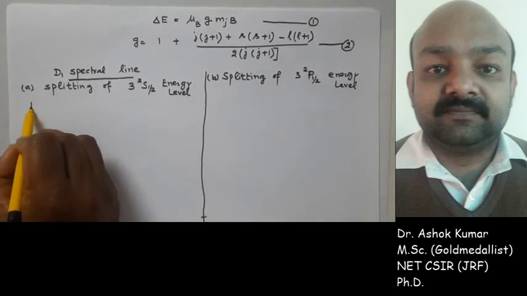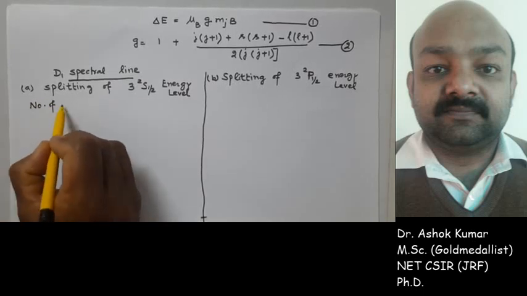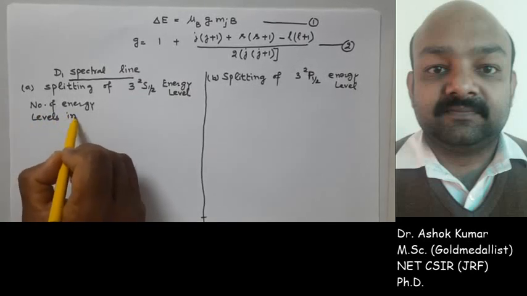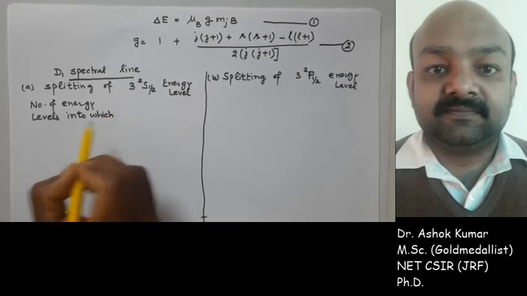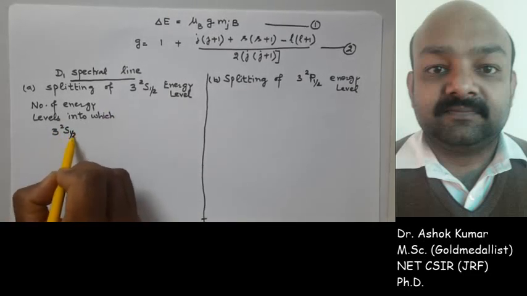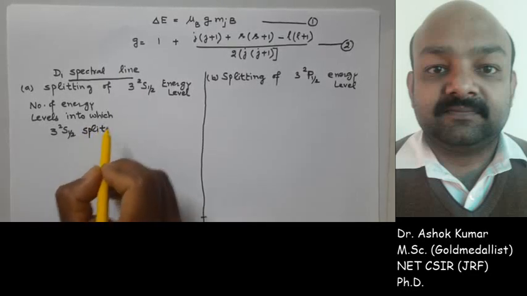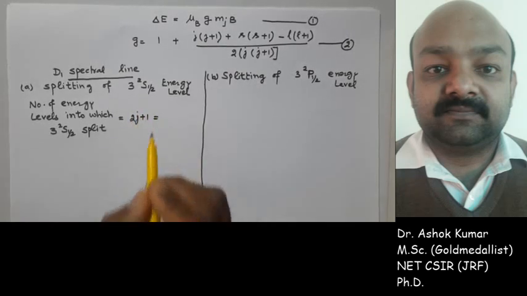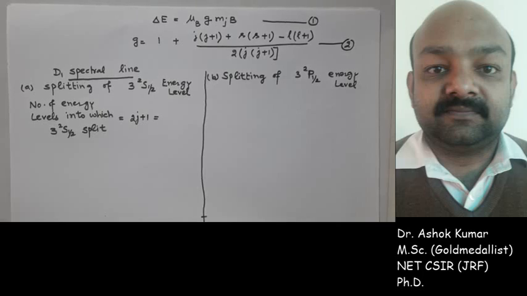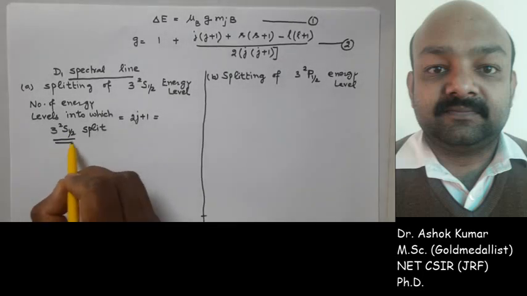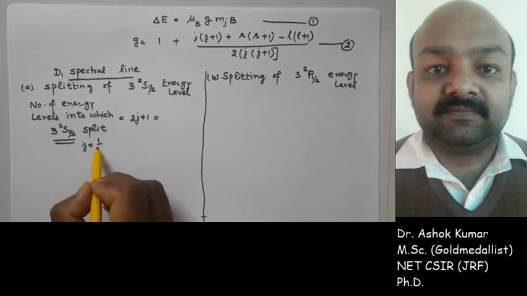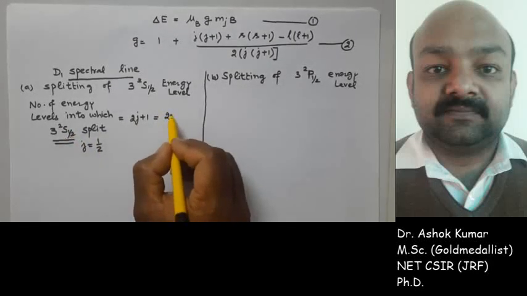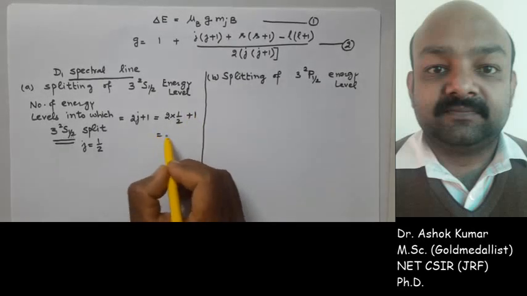So the number of energy levels into which 3s 2S1/2 splits will be given by 2J plus 1, and as I just explained, for this energy level J is equal to 1/2, so it is 2 into 1/2 plus 1, so it is 2.